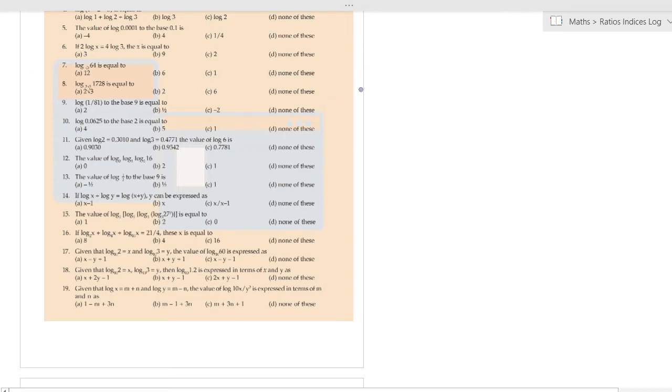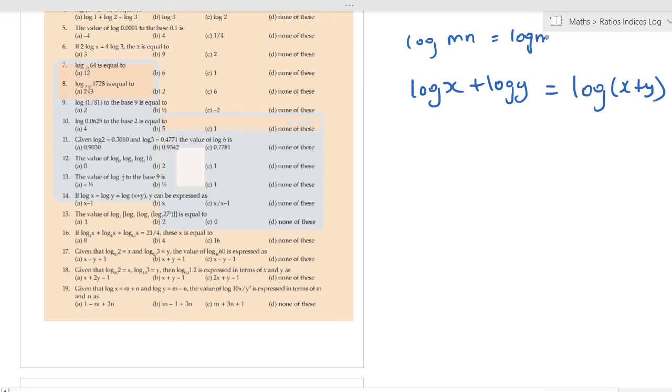So the 14th problem is log x plus log y equals log of x plus y. They want the value of y. So guys, we know that log mn equals log m plus log n.